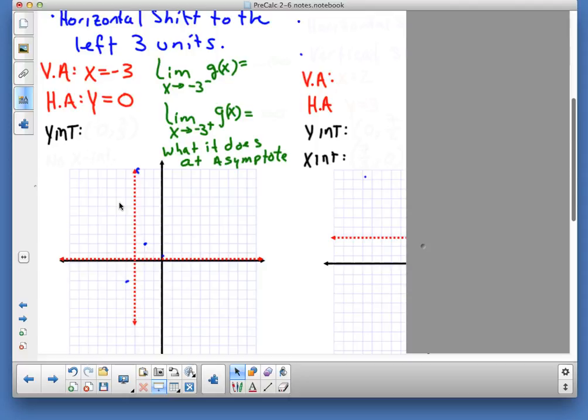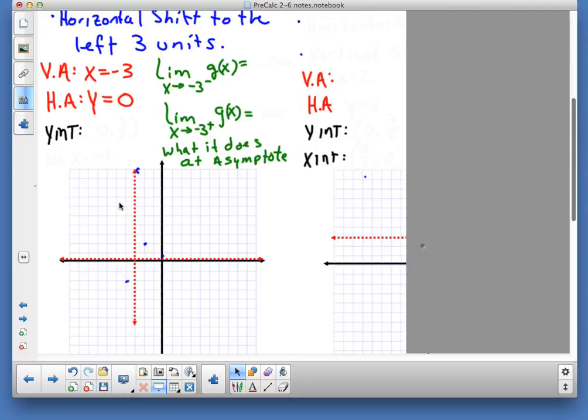I want to be able to find my y-intercept and graph the function. So figure out what's going on around the left and right of -3, the left of -3, the right of -3, the left and right of our asymptotes we have nailed down here.